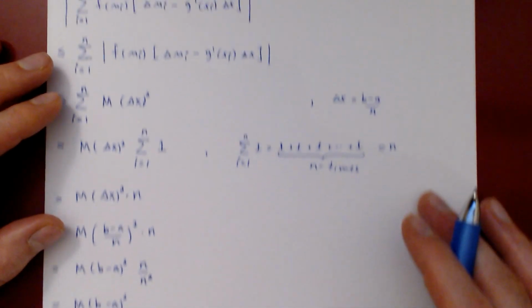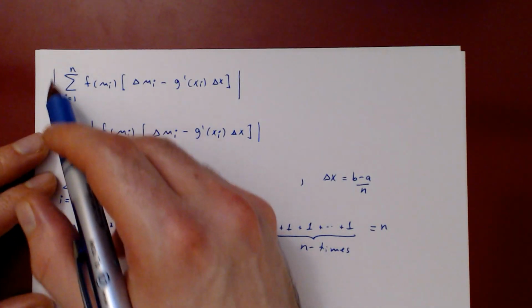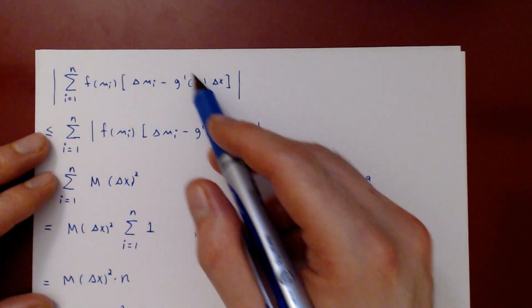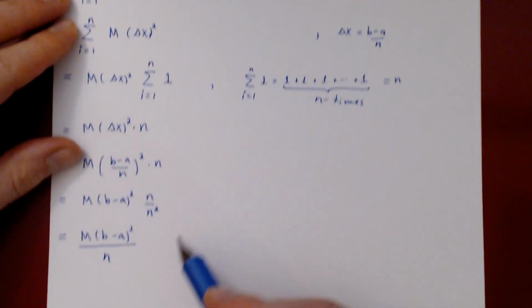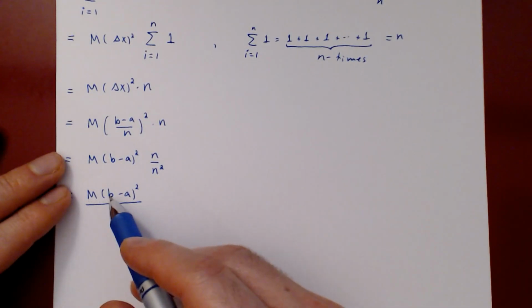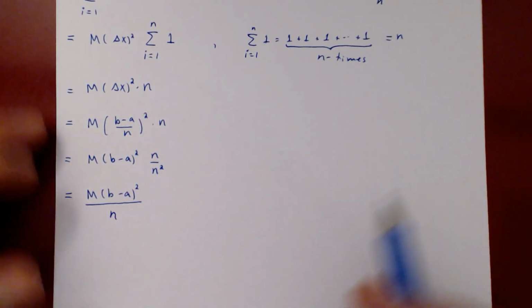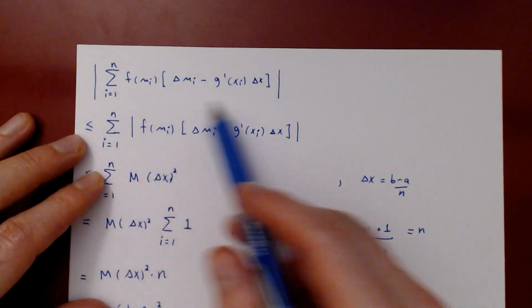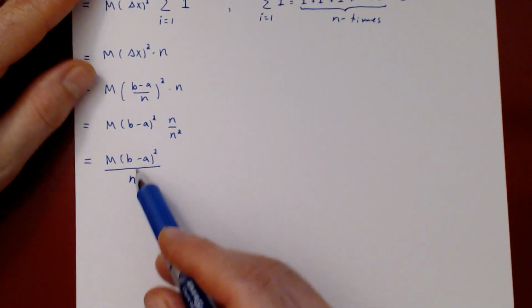Now think of what this means. The absolute value of our summation is at most an absolute constant over n. Let's now rewrite this concisely. The initial term and its upper bound.